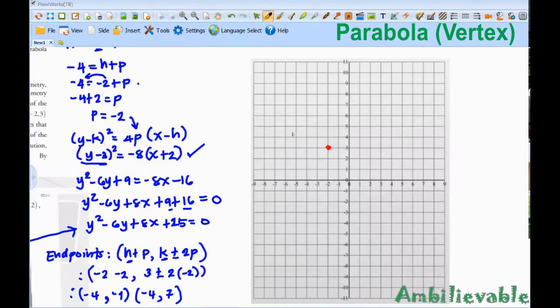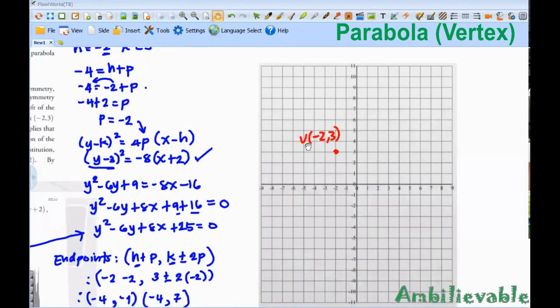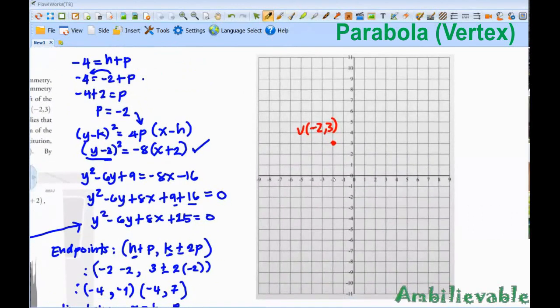So that is the vertex. What about our focus? What is our focus value? Negative 4, 3. This is our focus.